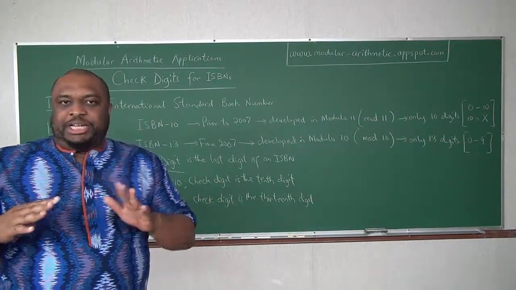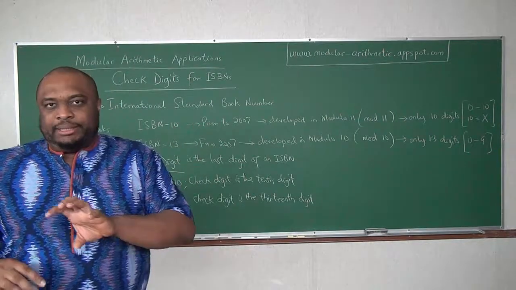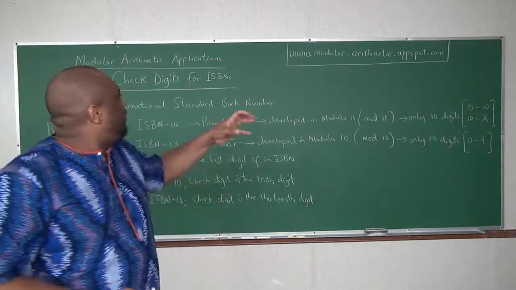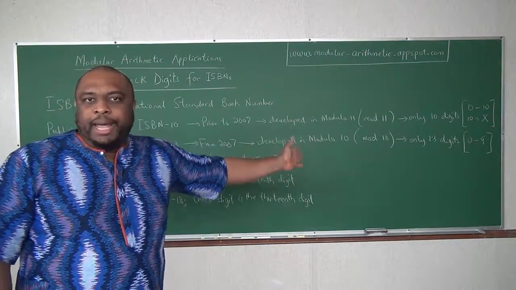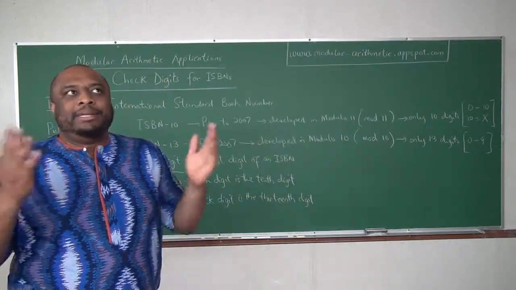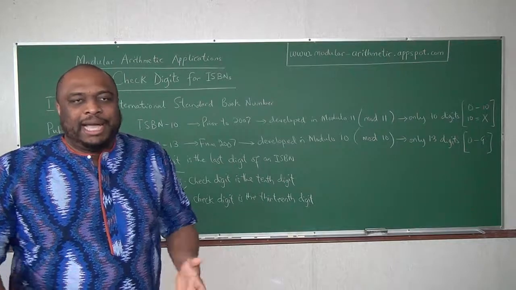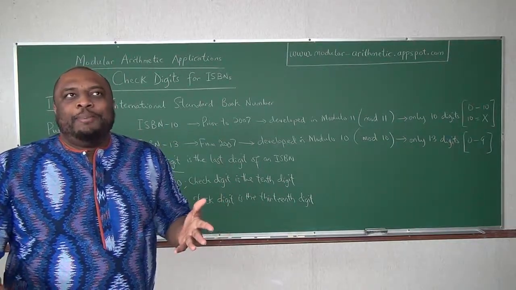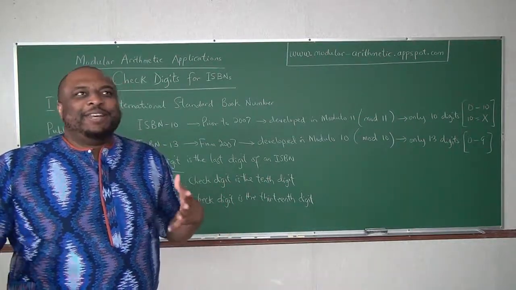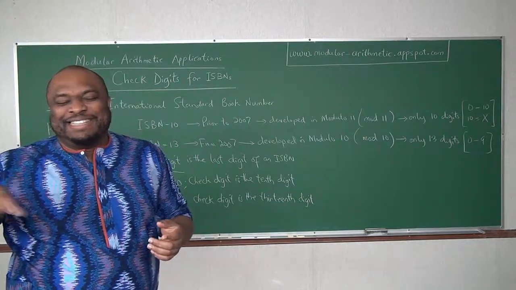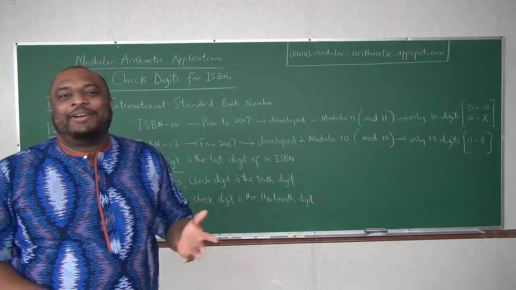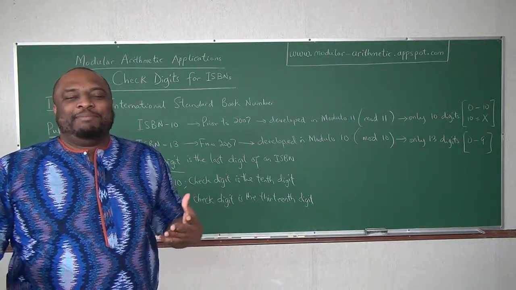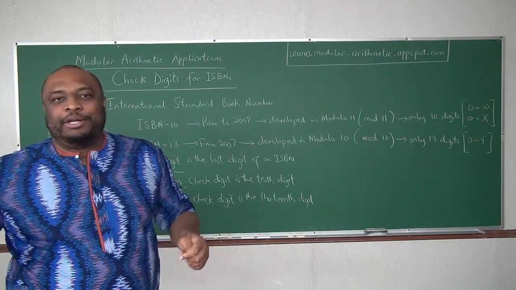The check digit now is important. That is one of the applications of modular arithmetic. Of course, I've already mentioned modulo here to let you know that the ISBNs you're seeing, because ISBN means International Standard Book Numbers.